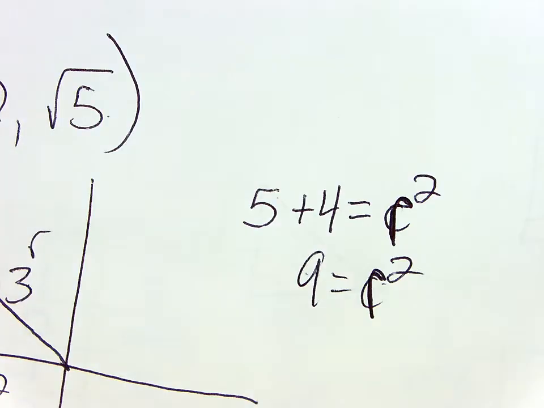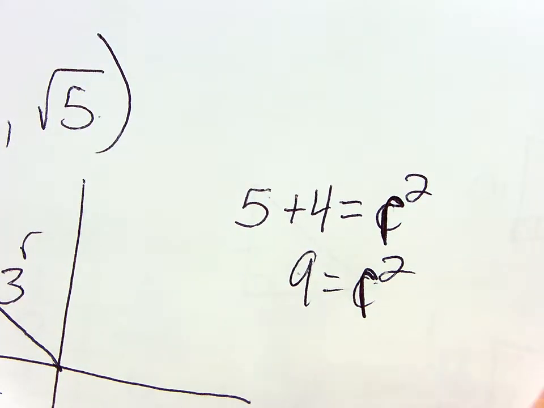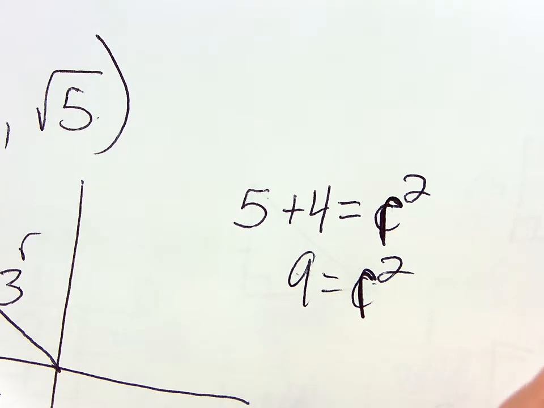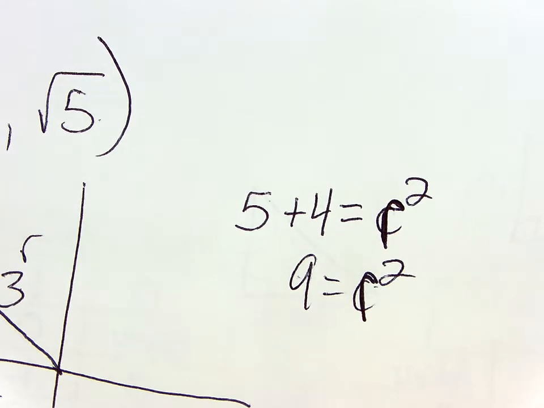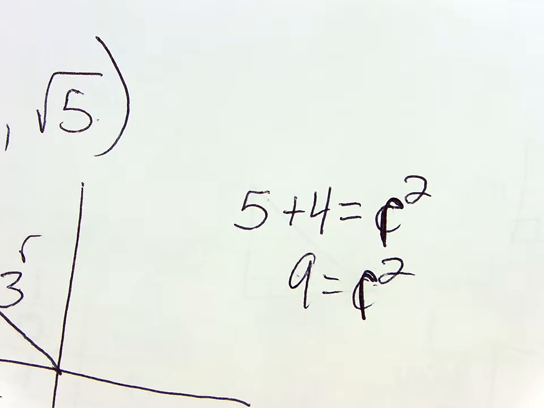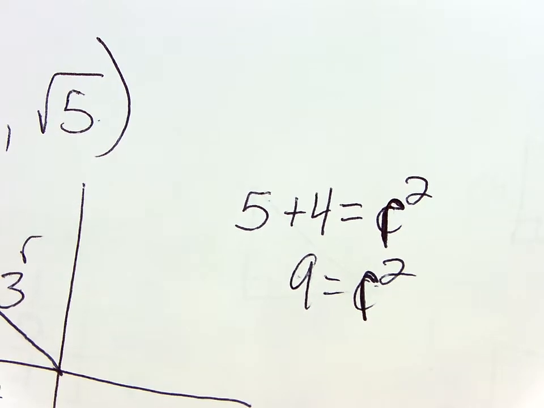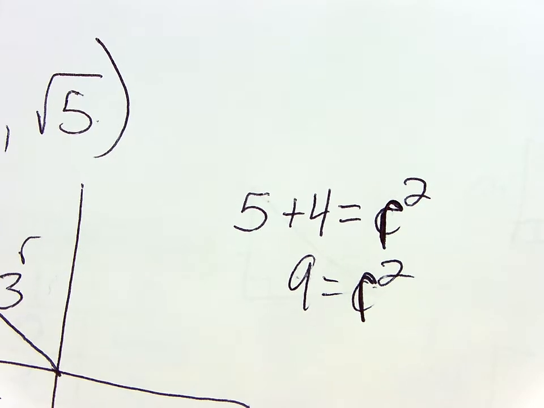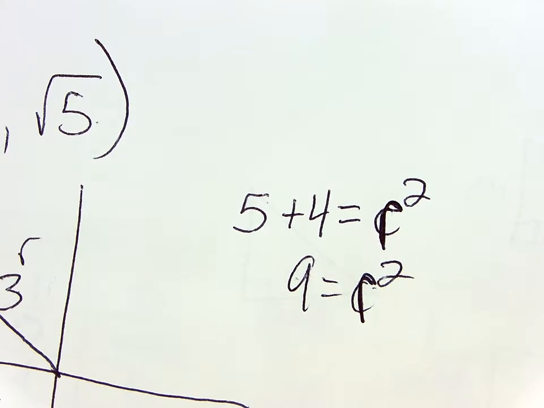But be careful because you can't leave a square root in the denominator. So sine is y over r, so root 5 over 3. Cosine is going to be x over r, -2/3. Tangent, y over x, so root 5 over -2.